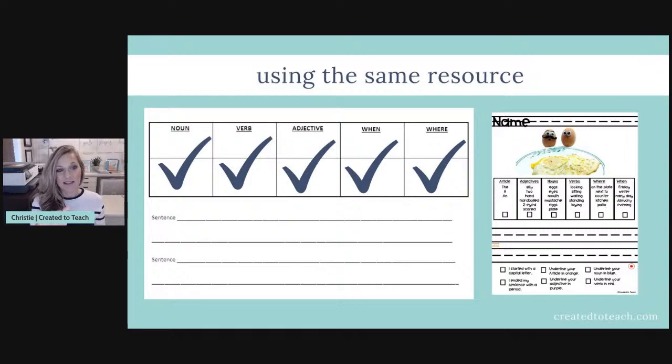Likewise, that same sample, that same template could be for the teacher. So you're looking at your students' writing and you say, okay, they've got a noun, they've got a verb, they don't have an adjective. If it's not checked off, if you don't see it there, that is an example of how you can assess it. So what I'm saying is let's work smarter, not harder.